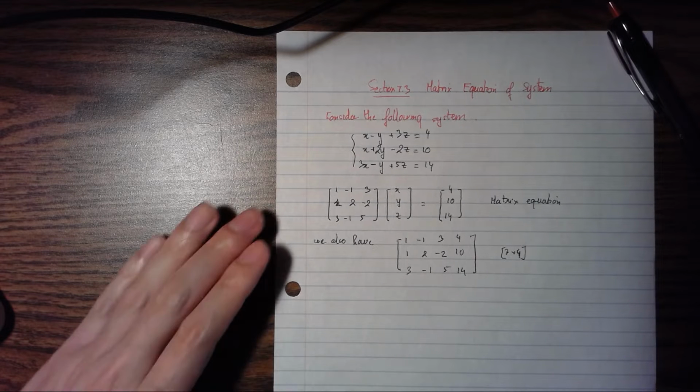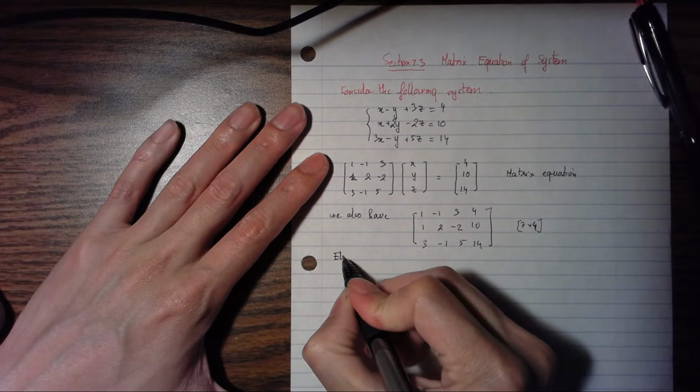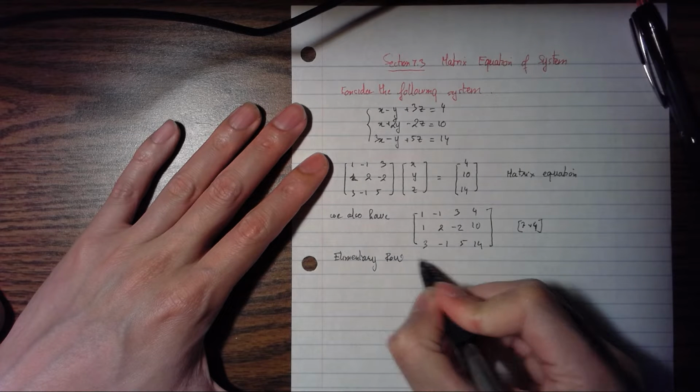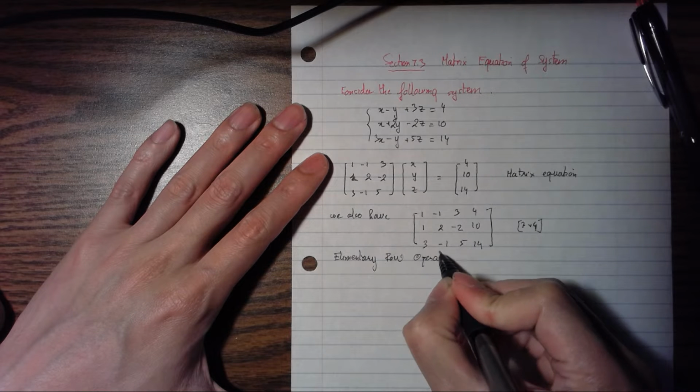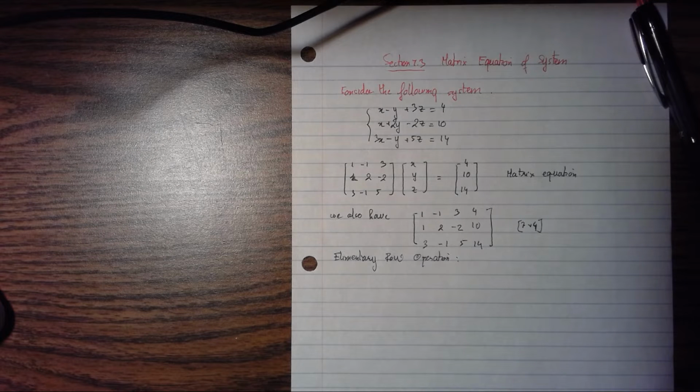But what is an elementary row operation? We need to know what it is first, right? Before we can do anything, right? And there are 3 methods of elementary row operation.